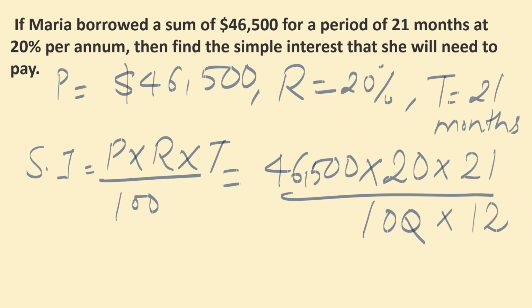Now the 0 0 will get cancelled out. Now this 20 and 12 can also be divided, they come in 4's table: 4 5s are 20, 4 3s are 12. Now 21 and 3 come in 3's table: 3 1s are 3, 3 7s are 21.